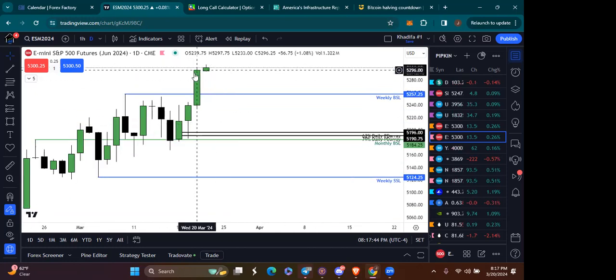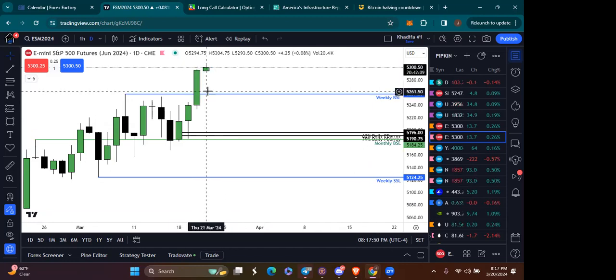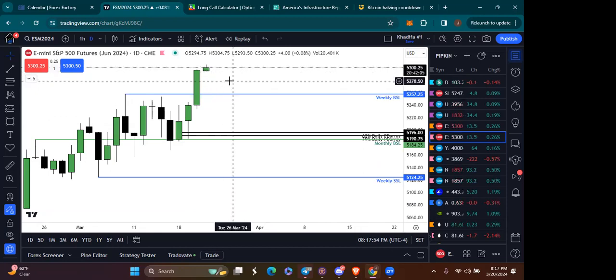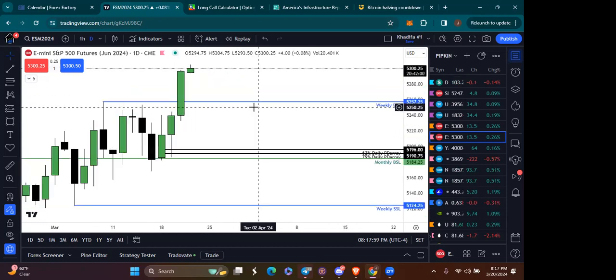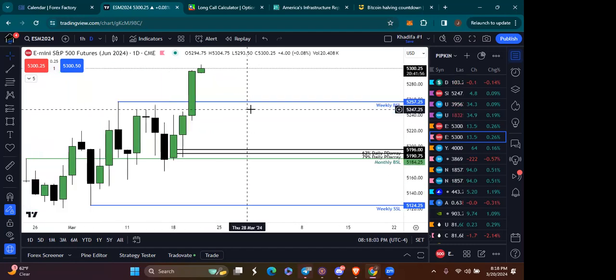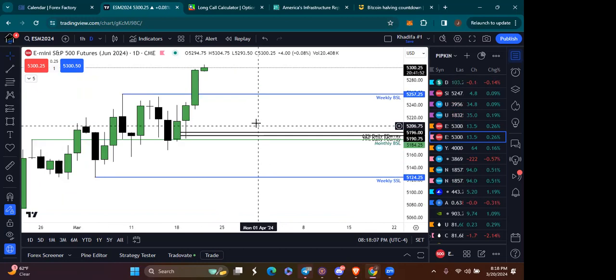Because, of course, everybody's expecting a pullback sometime, right? Anytime, any day, but it doesn't have to be any day. It might not be today or tomorrow or Friday or even next week, but we know a pullback is coming.